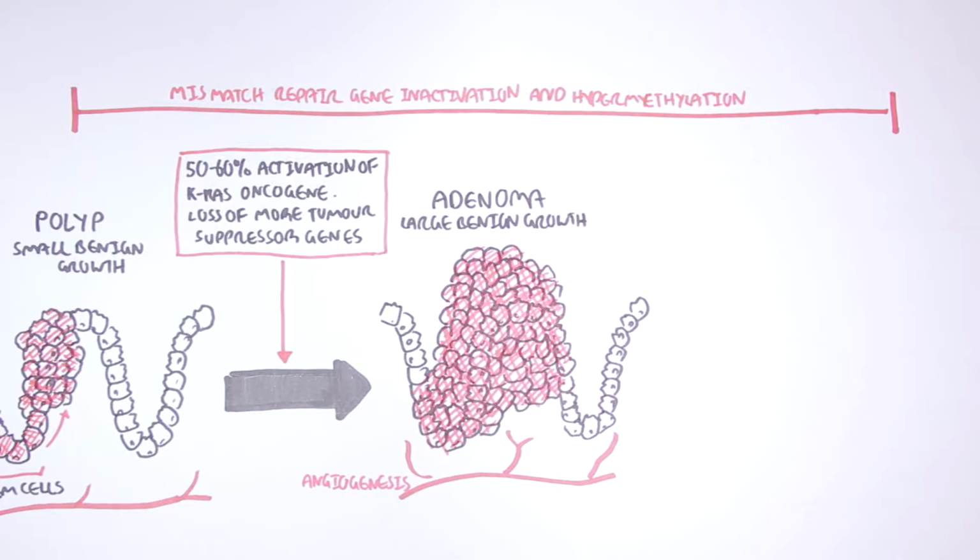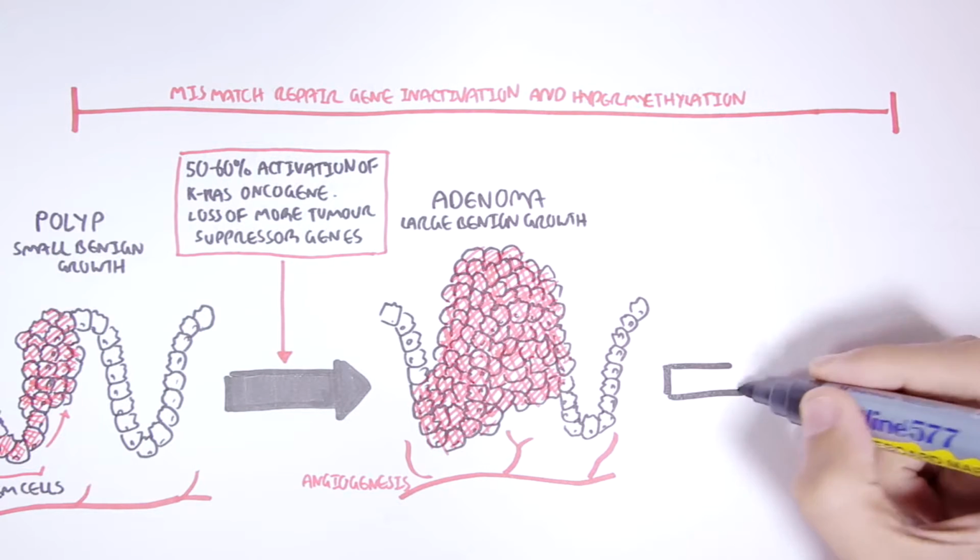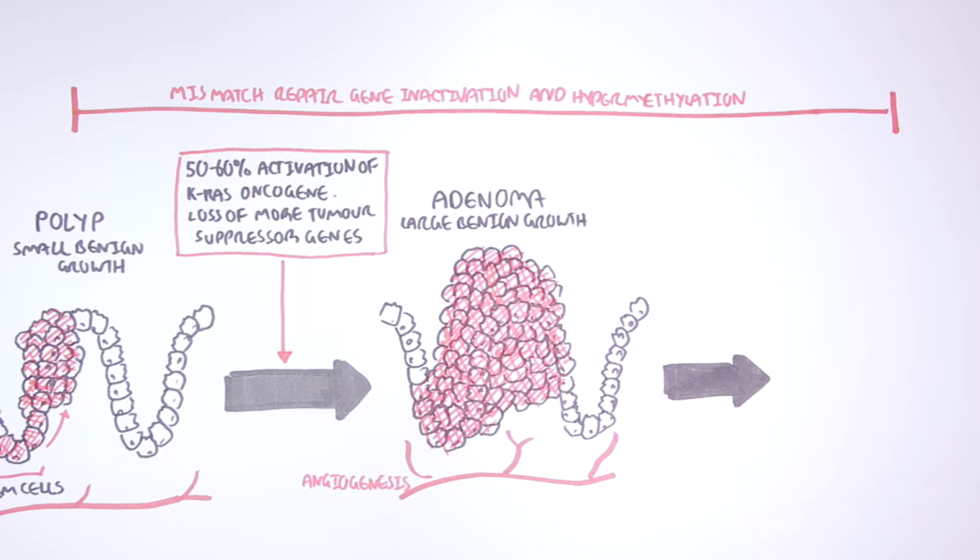Hypermethylation silences genes. Both mismatch repair gene inactivation and hypermethylation can result in mutation rates that are 100-fold greater than mutation rates that occur in normal cells, which is a lot of mutations.